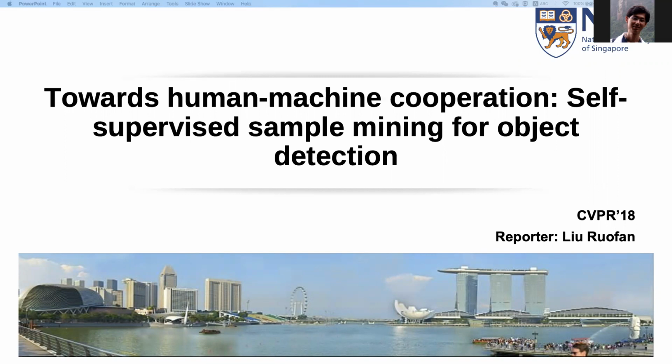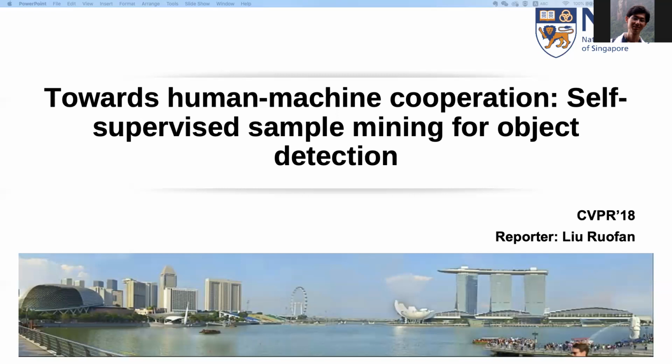What can the model do with those unseen data, and how can we retrain the model to further improve and evolve it? Those are very practical and very interesting topics.